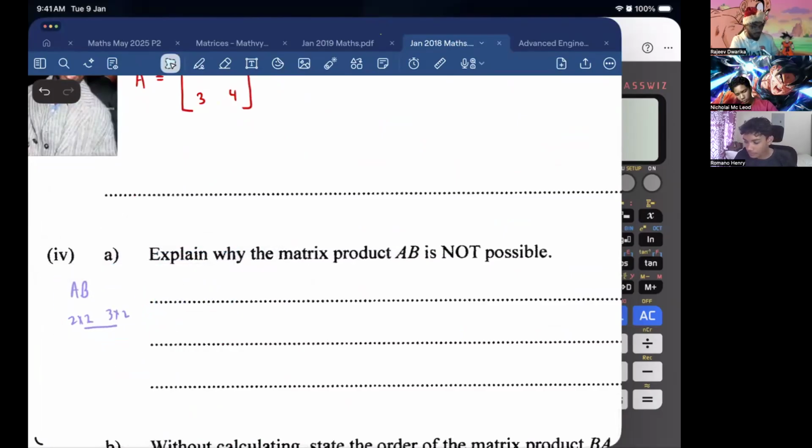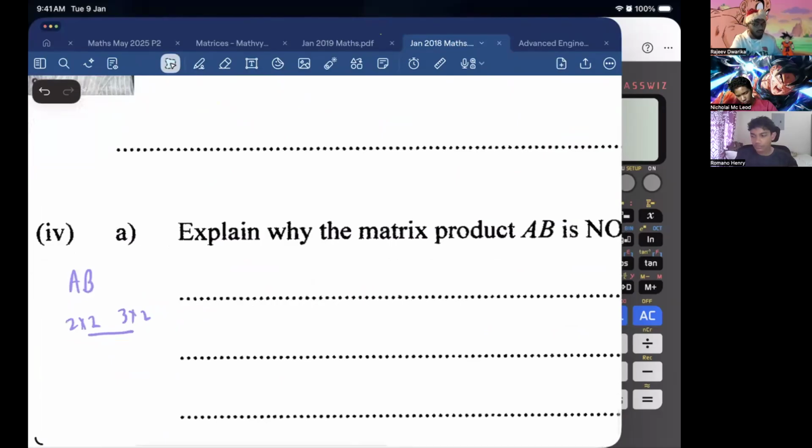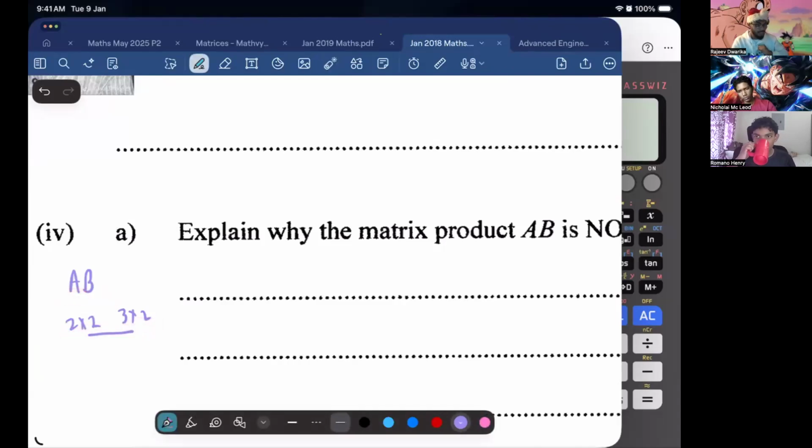So if you multiply matrix A by B, the two inner numbers are not going to be the same. Remember, guys, matrix A was a 2 by 2 matrix, and matrix B was what? What was the order of matrix B? 3 by 2. Are the inner numbers the same? No, sir. So I need to write that in English now. This 2 over here represents the number of what?